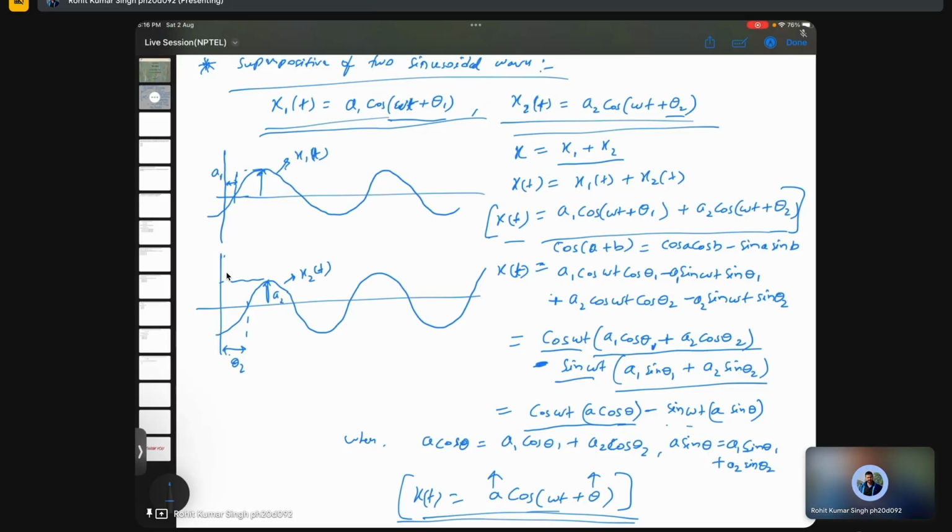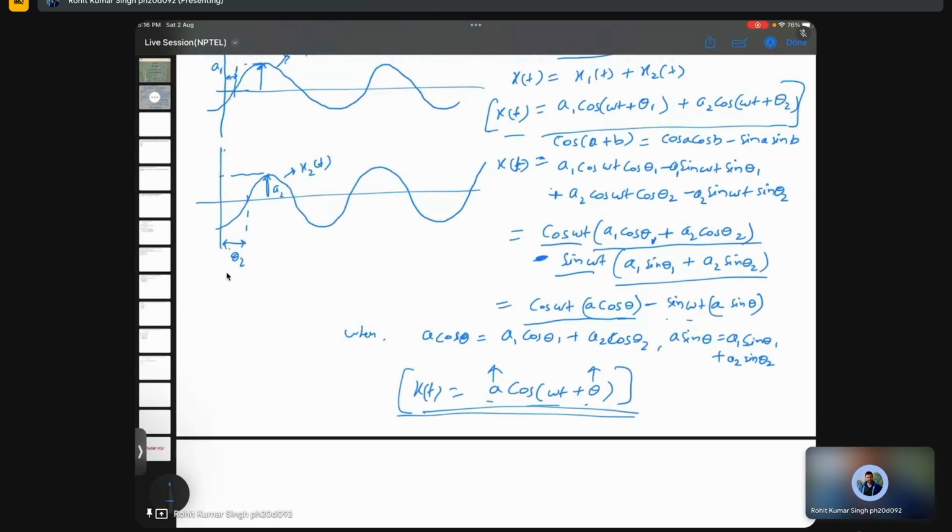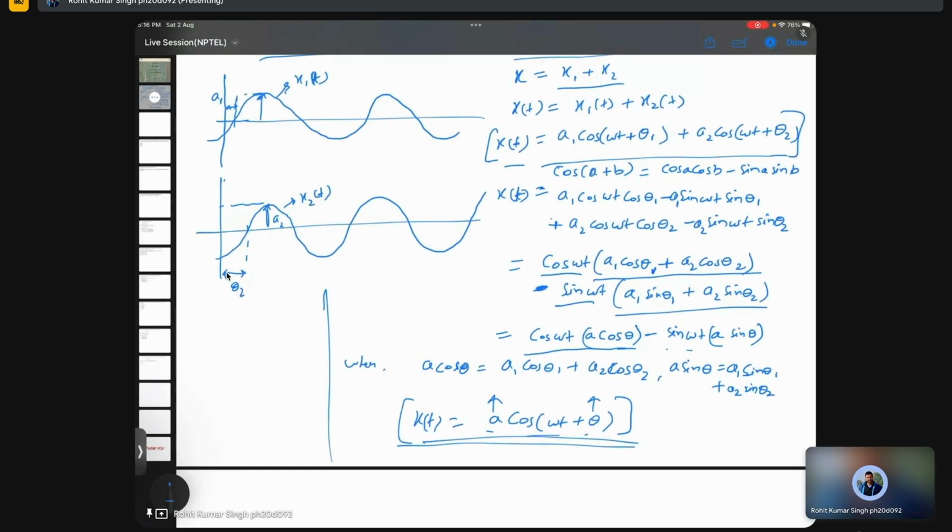So two waves combine and give you another wave. It's not like they are independent of each other anymore. And similarly, if you combine 3, 4, 5, you will get just a single superposed wave with a different amplitude and different phase angle, okay. And this A and theta you can simply calculate.